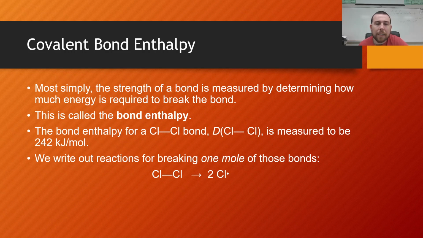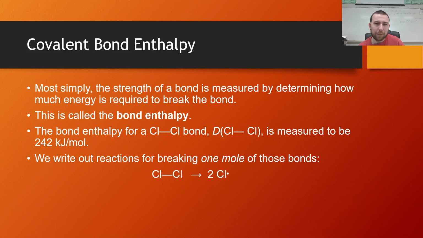This term, bond enthalpy, corresponds to our covalent substances, and it's been tabulated, so you'll have a reference table that we can use to look at these bond enthalpies. Again, bond enthalpy is the energy required to break the bond, specifically the energy to break a mole of that bond.